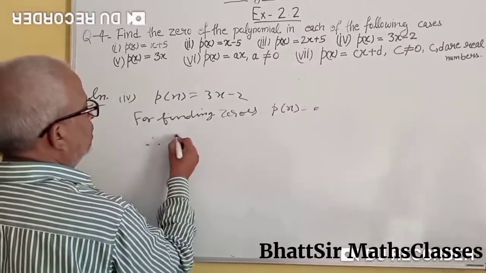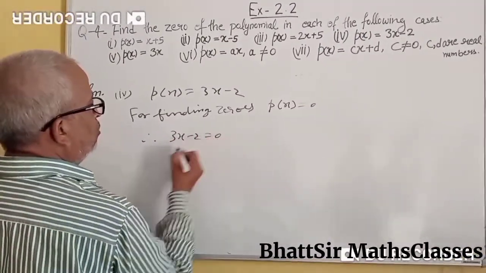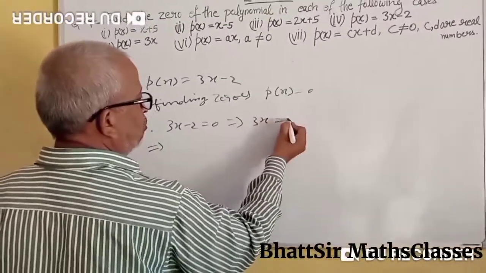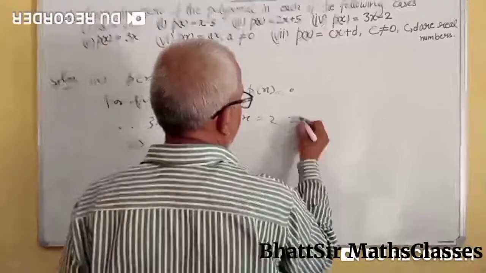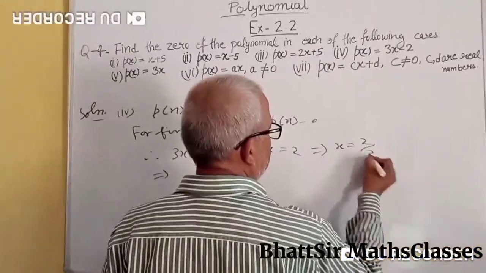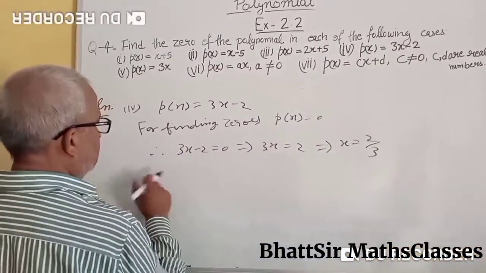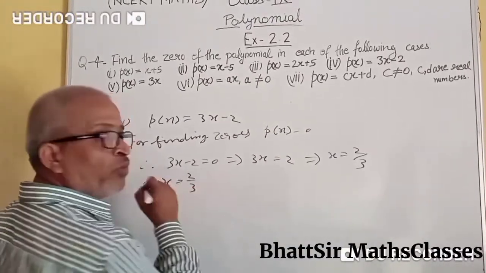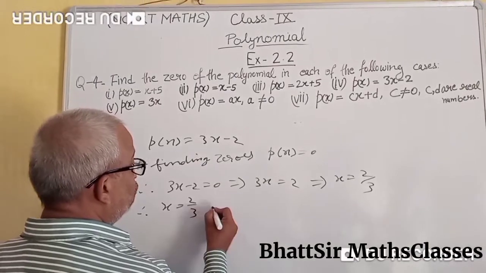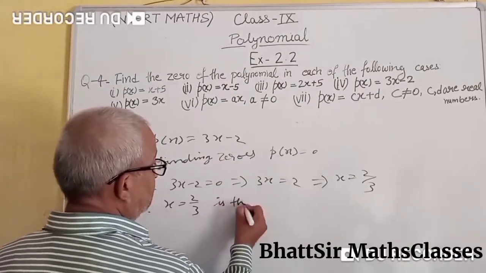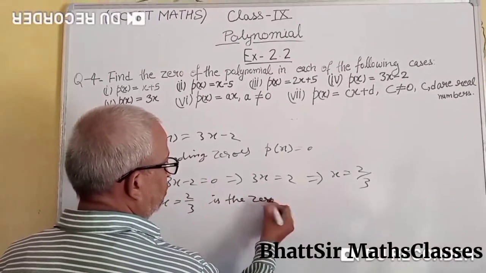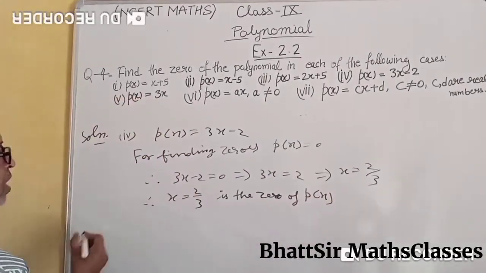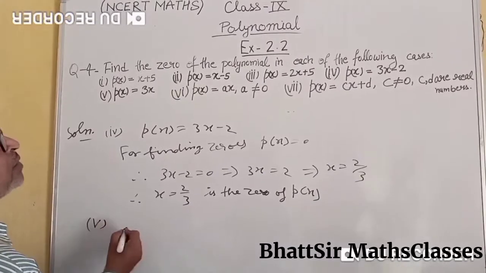Therefore, 3x minus 2 equal to 0, implies that 3x equal to 2, implies that x equal to 2 upon 3. Therefore, x equal to 2 upon 3 is the zero of P(x).